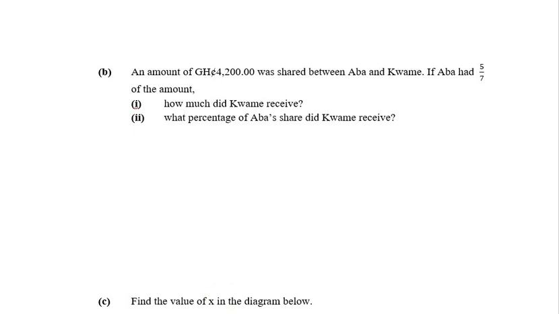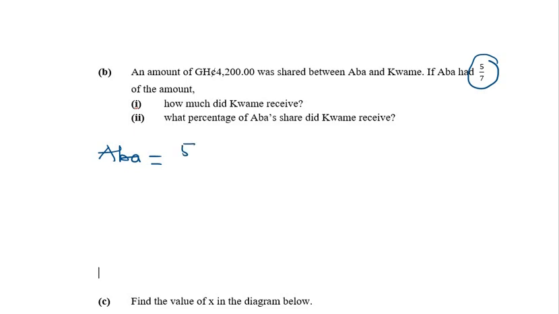So you are saying that Abba had 5/7, right? So we have to find the 5/7 of the money and get the real money that Abba had. I hope it's clear. Abba was not in the question, but we have to find Abba before.